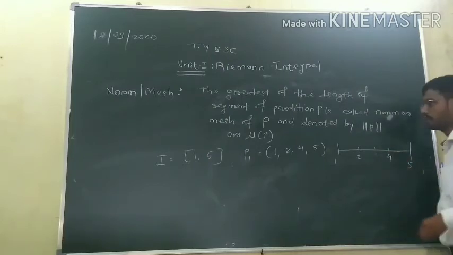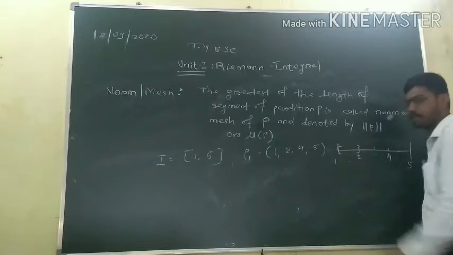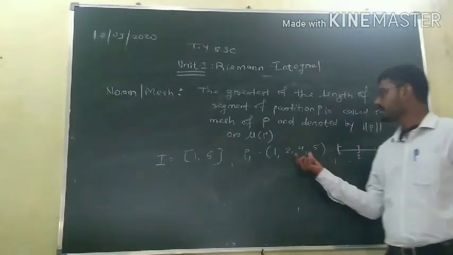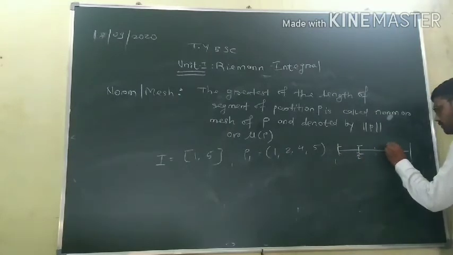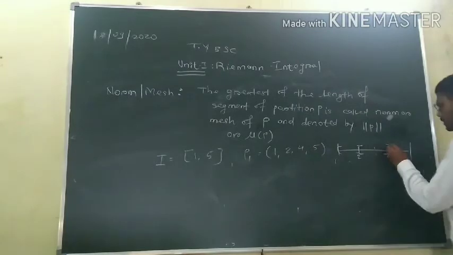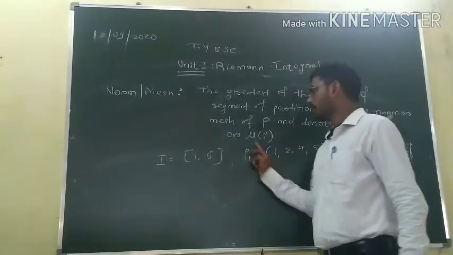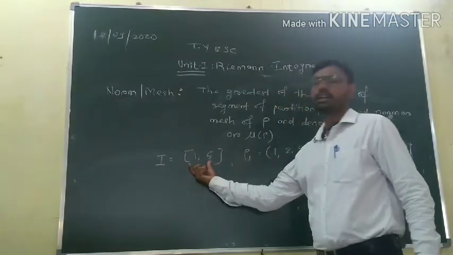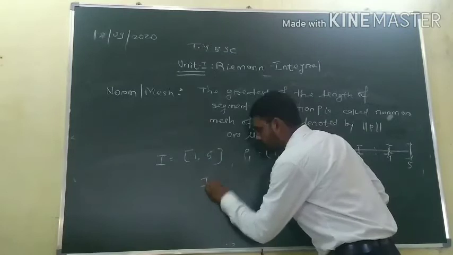The second segment is 2 to 4. And the last segment is 4 to 5. So this partition P divides the interval [1, 5] into 3 segments.